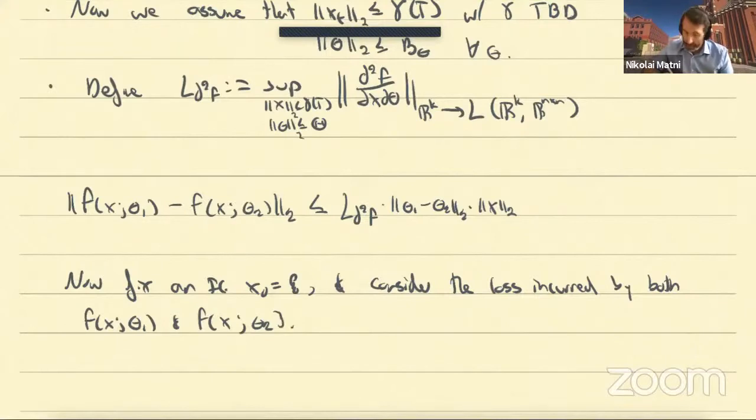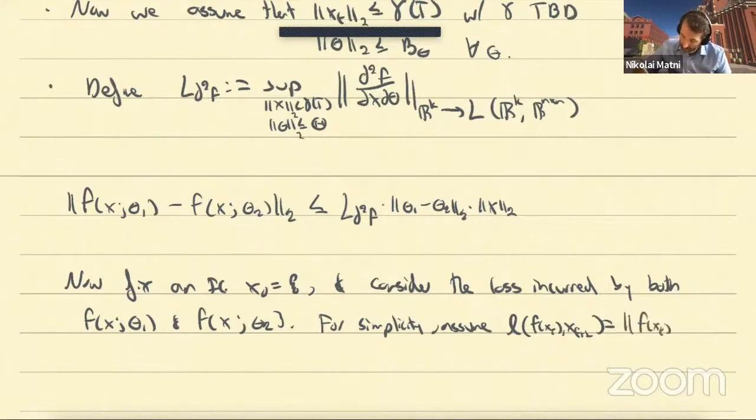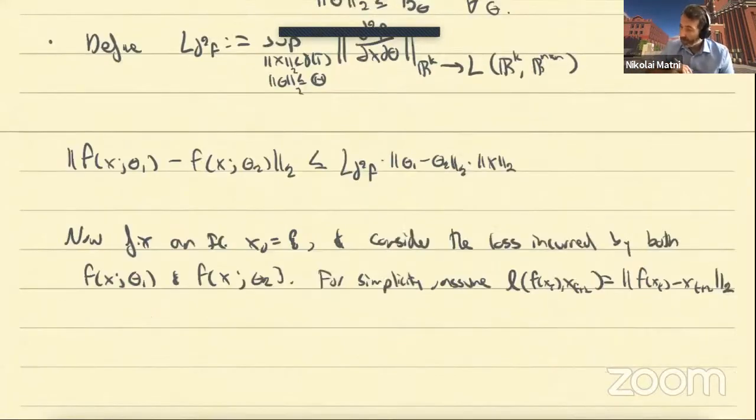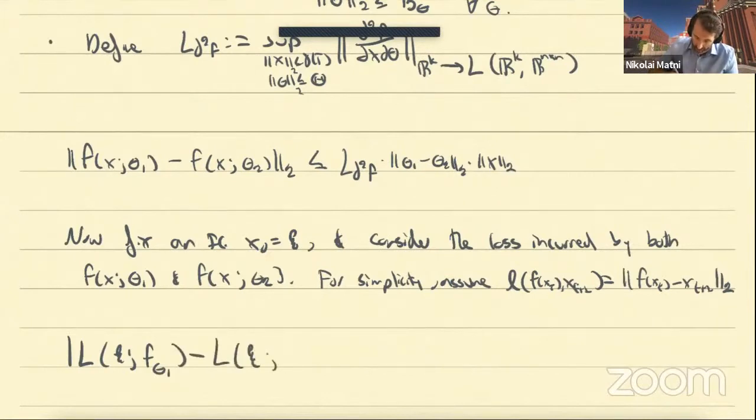For this part, for simplicity, I'm going to assume that my underlying loss function, the stepwise loss function, is just the 2 norm. You can generalize this. You just need that the loss function satisfies a reverse triangle inequality-like property. Okay, so now we write the loss incurred by f of theta 1 minus the loss incurred by f of theta 2.